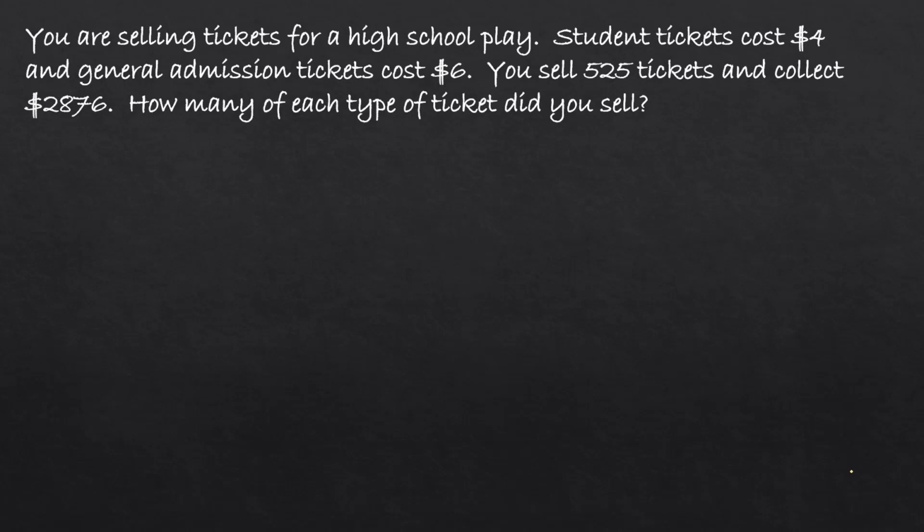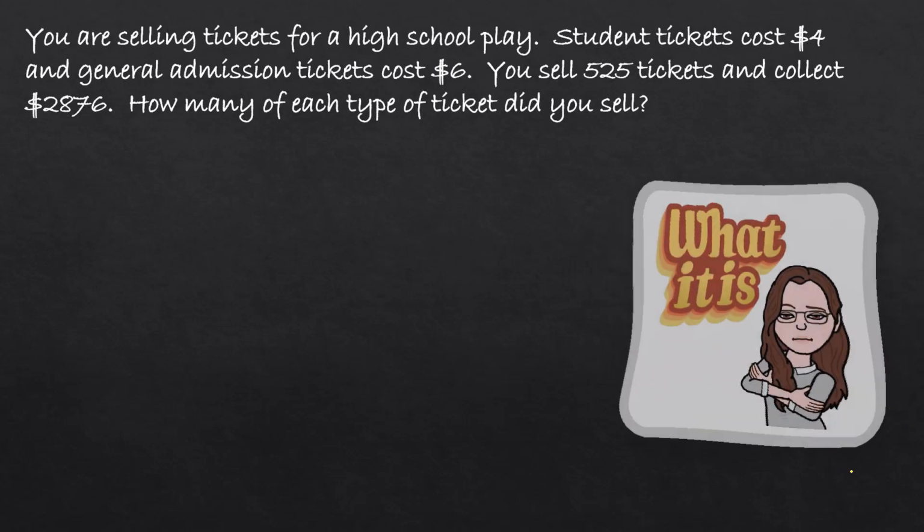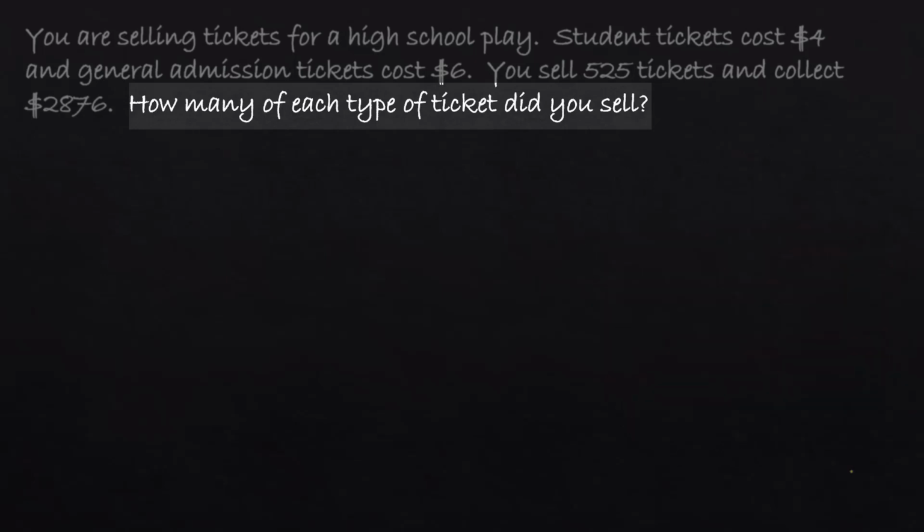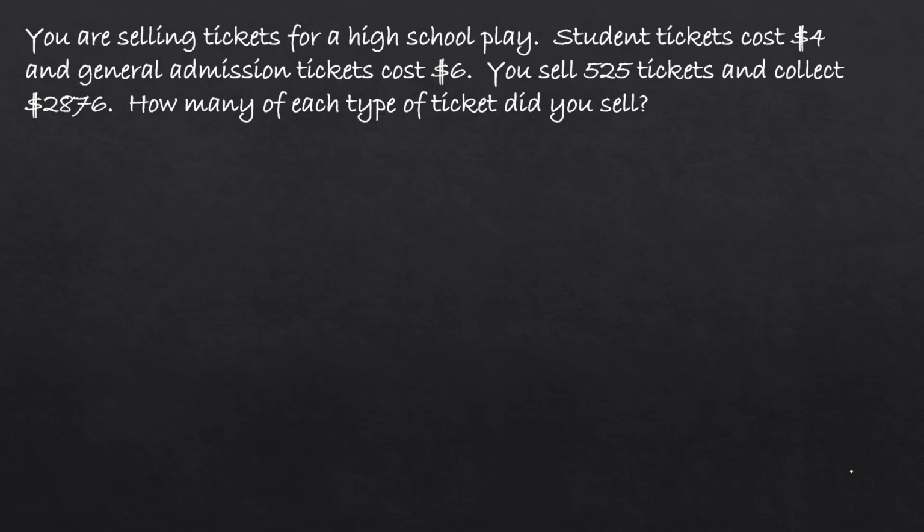Well, when we problem solve, the very first thing that we want to identify is what the problem is. So if I look at the question part of this paragraph, it says, how many of each type of ticket did you sell? That's what I'm looking for. I'm going to assign a variable to each unknown. So it says of each type of ticket, well, there are two types of tickets.